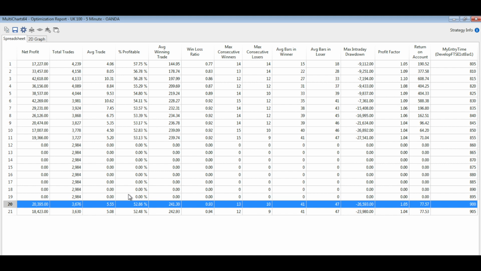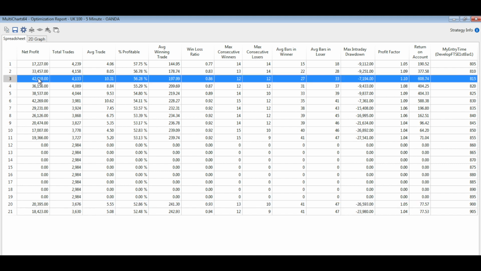And what we're really interested in is looking at the average trade value and the net profit. So in fact, the best net profit was that 15-minute bar, and it also had the best average trade. It took slightly fewer trades than if we'd used the 5-minute bar, but the average trade value is twice what it was on the 5-minute bar, and the net profit is well over double.